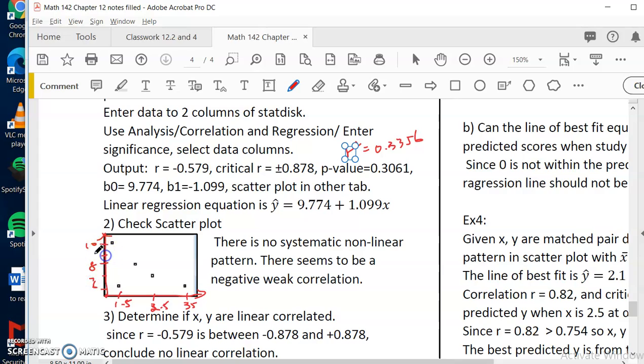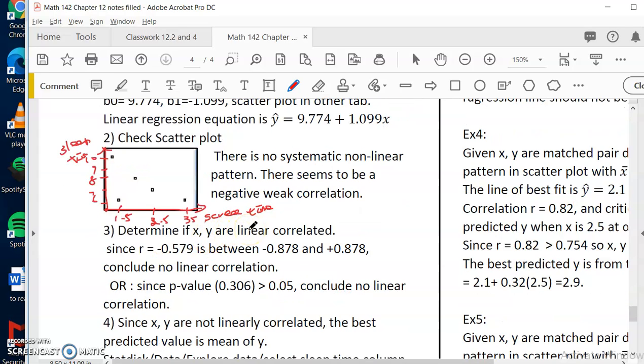Yeah, 7, 9. So you label them, and then what is this? This is the screen time, right? So when you do your class worksheet, please write them down. And this is sleep time. No systematic nonlinear pattern. It seems to be a weak negative correlation.